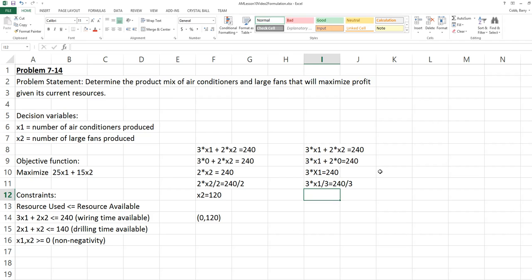If we divide both sides by 3 to solve for x1, we get x1 equals 80. These are 2 points on the wiring time constraint line.